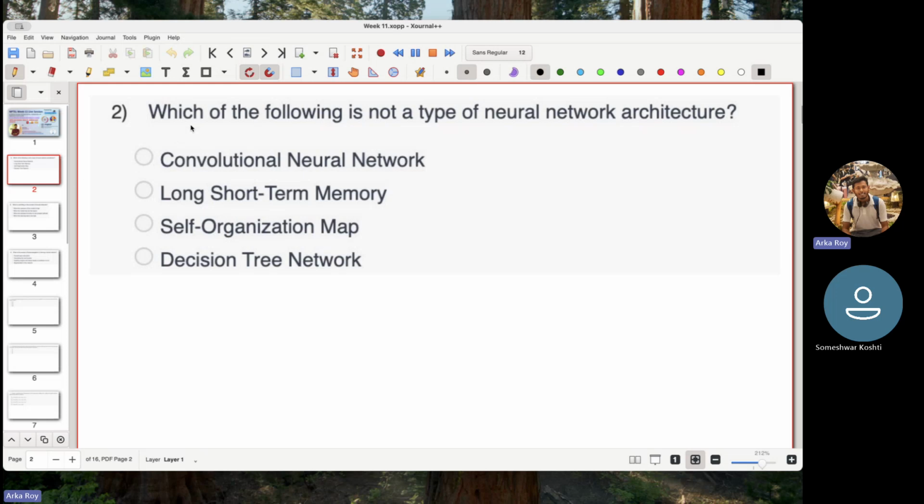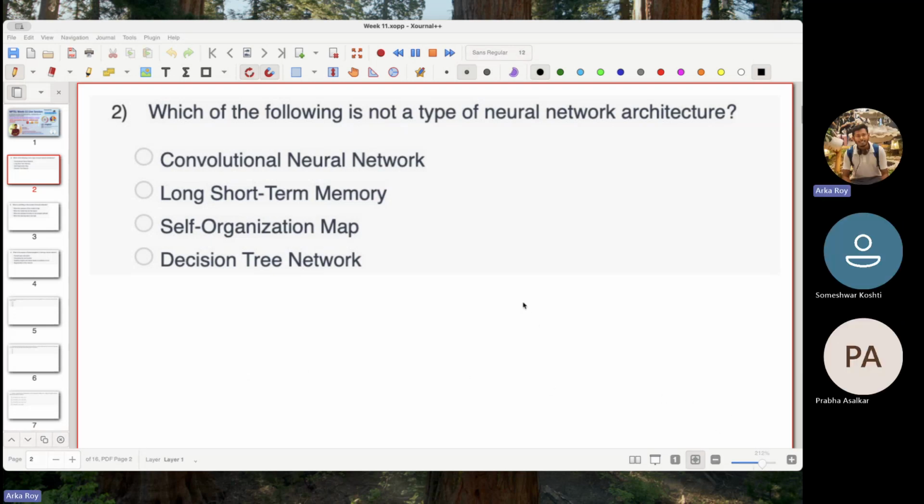The question states: which of the following is not a type of neural network architecture? Convolutional neural network is a special case of artificial neural network, which you will see in the week 11 content. You start with a multi-layer perceptron, and the generalized version is where the weights are kept in a weight share manner.